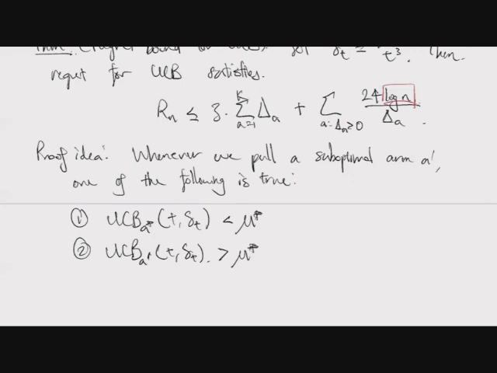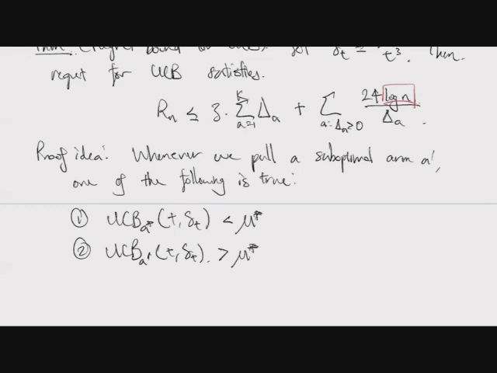So when does the first condition happen? The first condition is saying that our confidence interval for the mean of the best arm somehow does not actually include the true value. This is going to be highly unlikely because of our concentration inequalities.